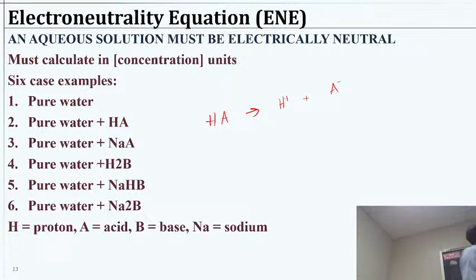It doesn't have to be an acid, right? So NaA here, this would be a lot like adding NaCl, right? Where we've got the sodium and the A is a chloride, whereas this one would be like HCl. Okay, so that's kind of the way to think about it if we're going to translate it in some practical terms.